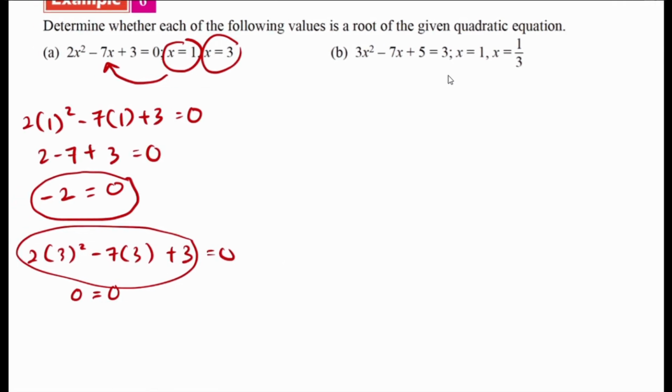Okay, let's look at the second example. 3x squared minus 7x plus 5 equal to 3. First, substitute the value of x. Let's check whether 1 is a root of the quadratic equation. So 3 times 1 squared minus 7 times 1 plus 5. Is it equal to 3?